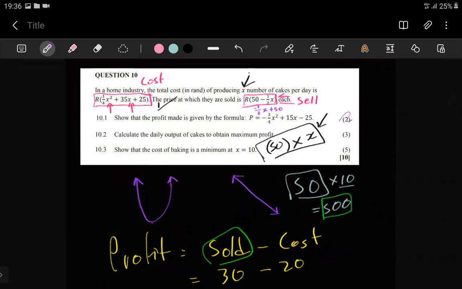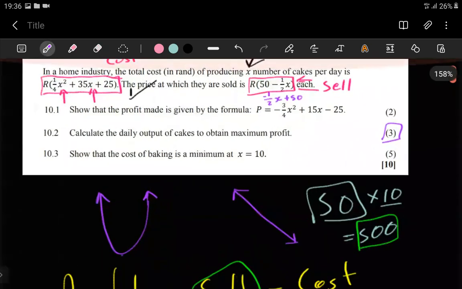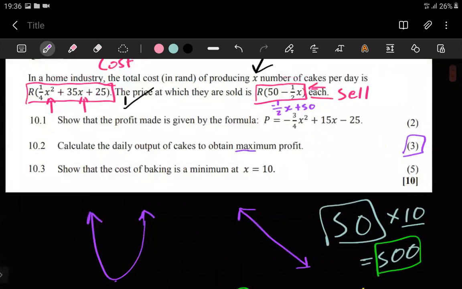10.2 is a 3-mark question. What do they say there? It's saying they calculate the daily output of cakes to obtain maximum profit. So this is a very, very direct question that has a very specific way to answer it, which is very similar to all the other questions in your applications of calculus that have this word in them.